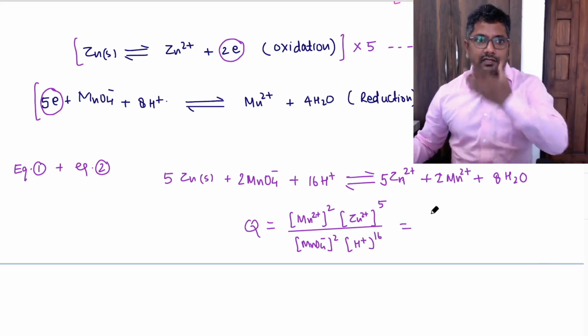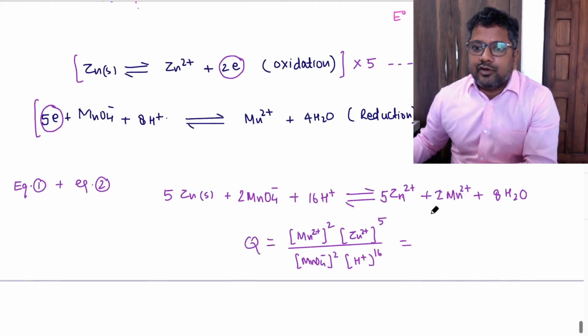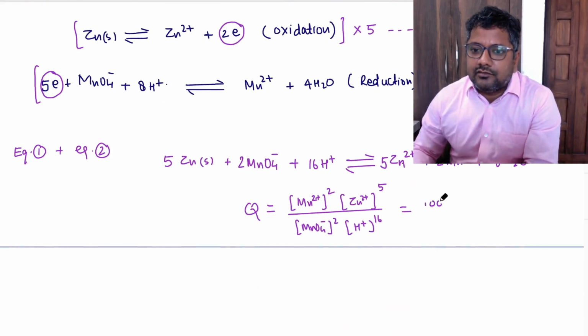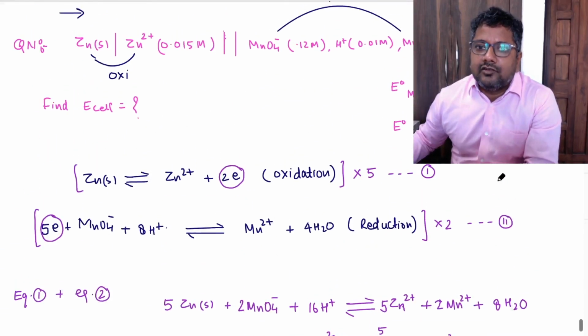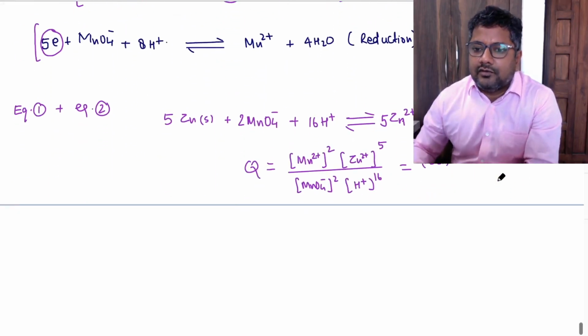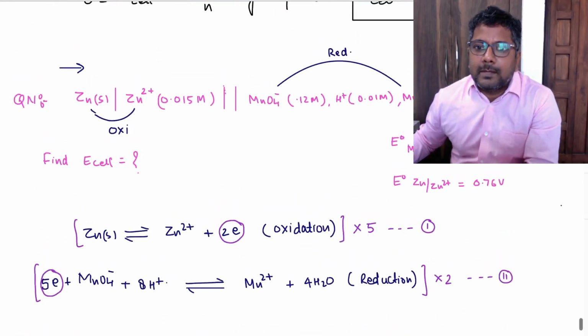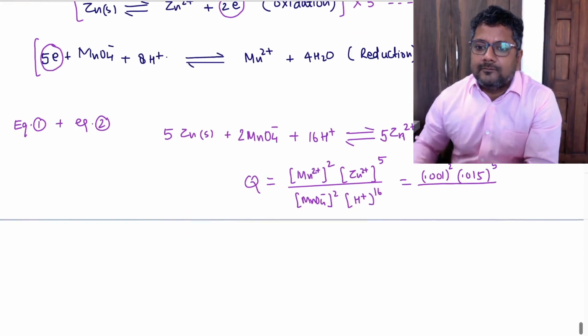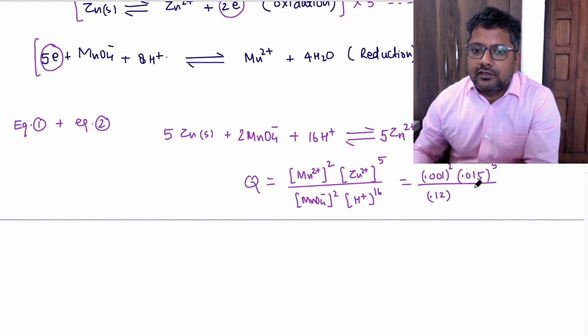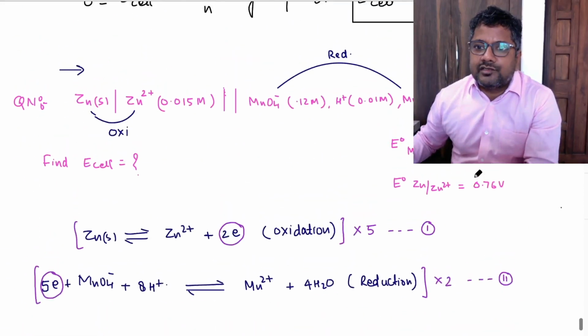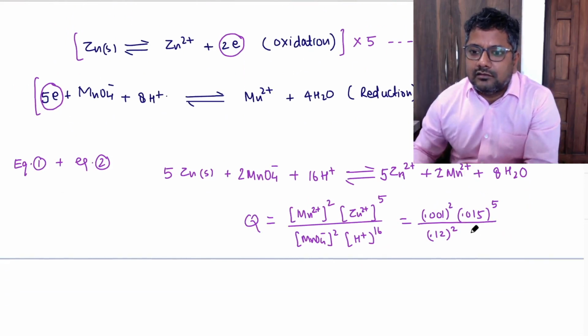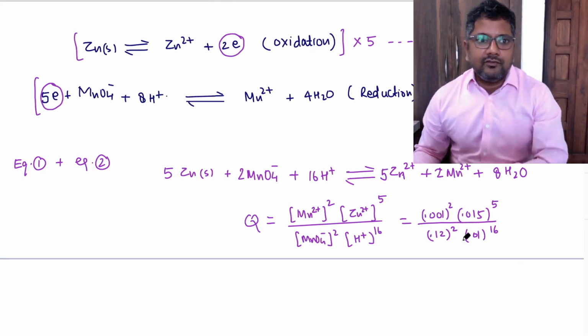Now put in the values and find the numerical value of Q. Mn2+ is 0.001, so 0.001 squared, Zn2+ is 0.015, 0.015 to the power 5, whole divided by MnO4- 0.12 to the power 2 and H+ 0.01 to the power 16. So find the value of Q from here.